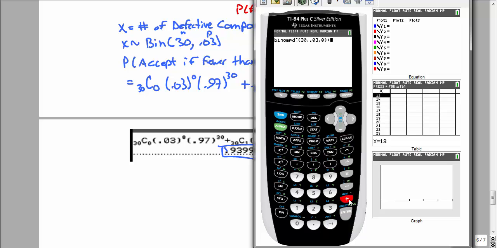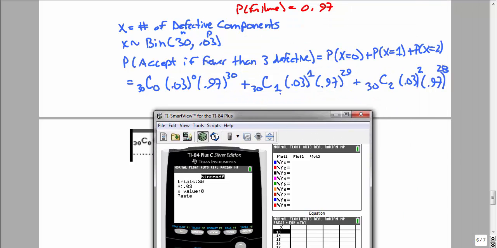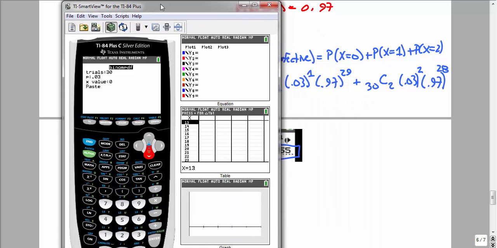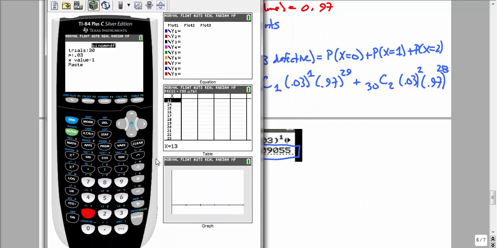Then I'm going to do my other component, second distribution, binomial PDF. I still have 30 for my n, 0.03, but now I'm doing the one case, so I'm going to put in a 1. And paste. And last but not least, my third value, my binomial distribution evaluated at 2.